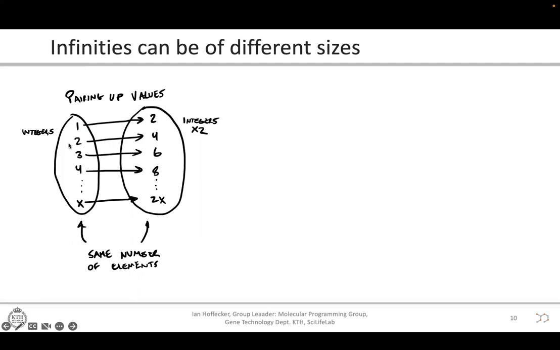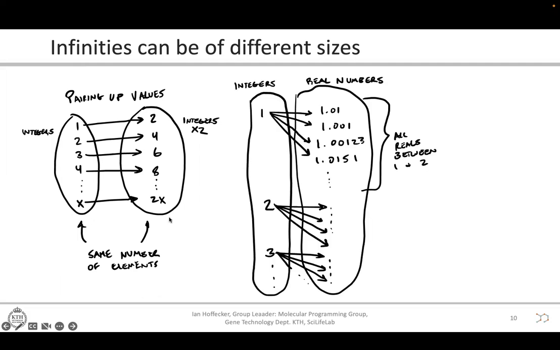And obviously, both of these are infinite. There's an infinite number of integers, and there's also going to be an infinite number of integers multiplied by 2. And in this case, we can map 1-to-1. For every integer, we can pair that with its counterpart, itself times 2. So this is an example of a situation where the two infinities are the same size, but infinities can be different sizes.